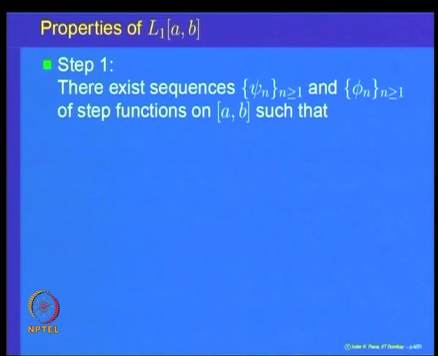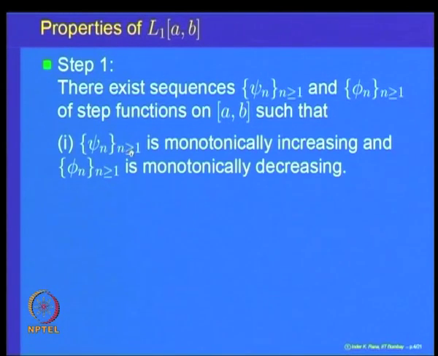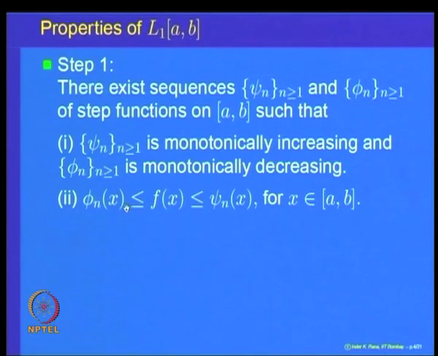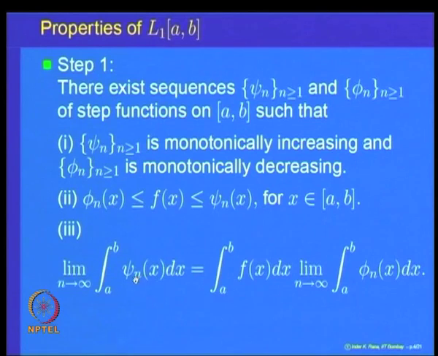To prove this theorem, we started with the idea that since f is Riemann integrable, there exist sequences psi n and phi n of step functions on the interval a b, such that the sequence psi n is monotonically increasing and the sequence phi n is monotonically decreasing, and the function f is between these two sequences phi n and psi n for all points x belonging to a b, and the Riemann integral of psi n converges to the same value as the Riemann integral of f, and that is the same as the limit of the Riemann integrals of the step functions phi n.